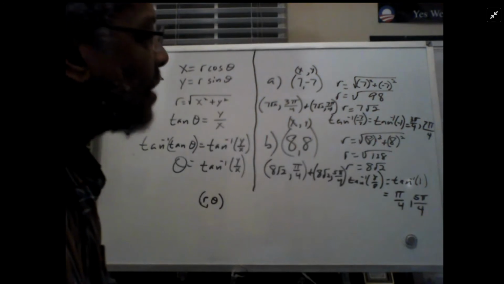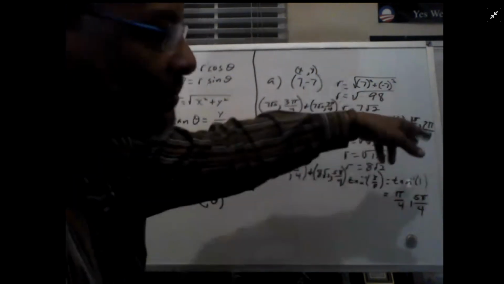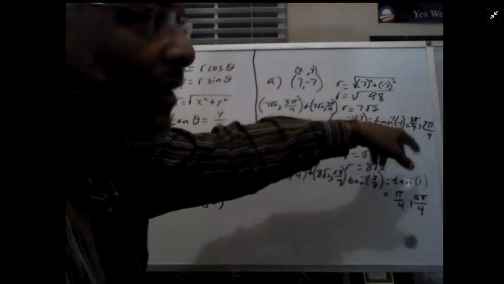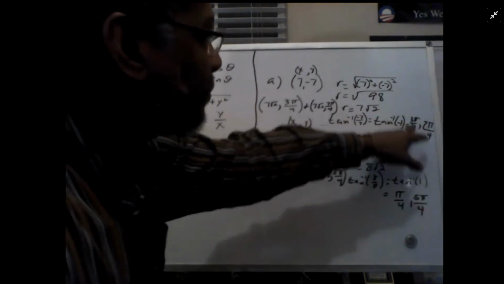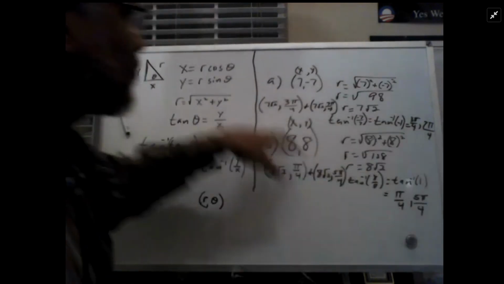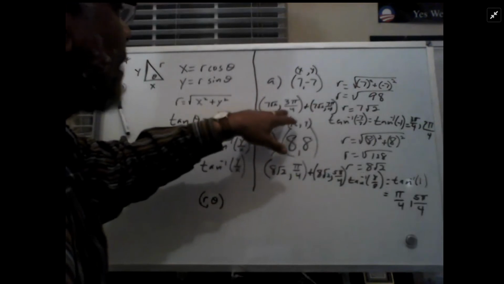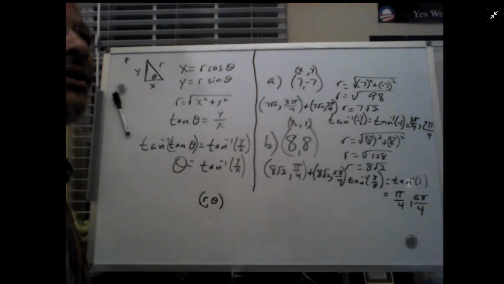So in quadrant 2, using your reference angle pi over 4 and adding pi over 2 to it, like 90 degrees, is 3 pi over 4, and adding 4 pi over 4 to 3 pi over 4, we get 7 pi over 4. So our first answers are 7 radical 2, 3 pi over 4, and 7 radical 2, 7 pi over 4.